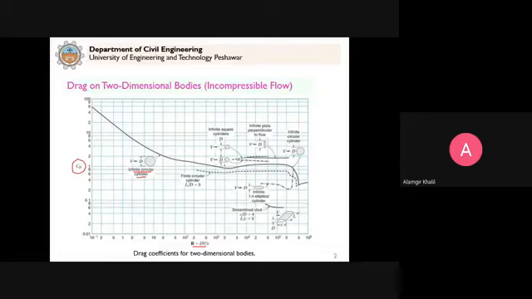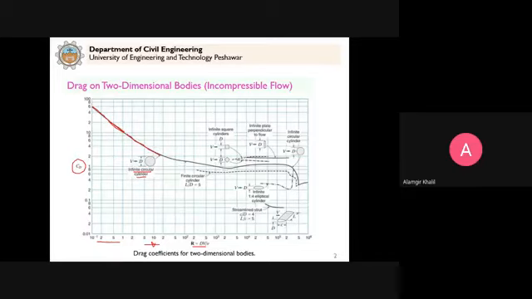Clear? When the Reynolds number is less, in this range, the CD follows this straight line here. As the Reynolds number increases, we move in this direction and it follows this curve.